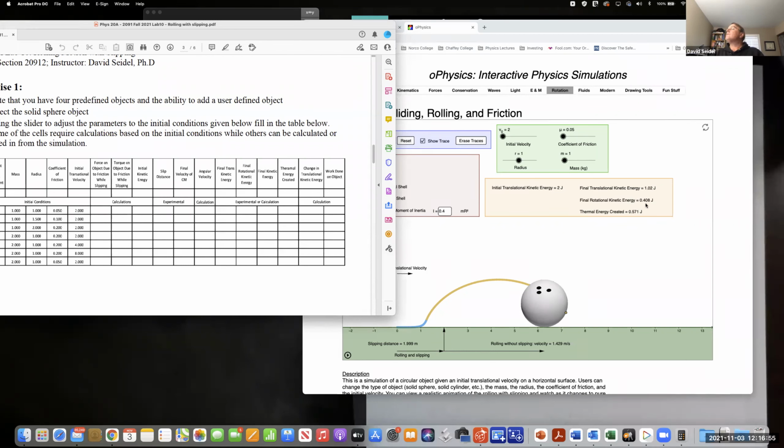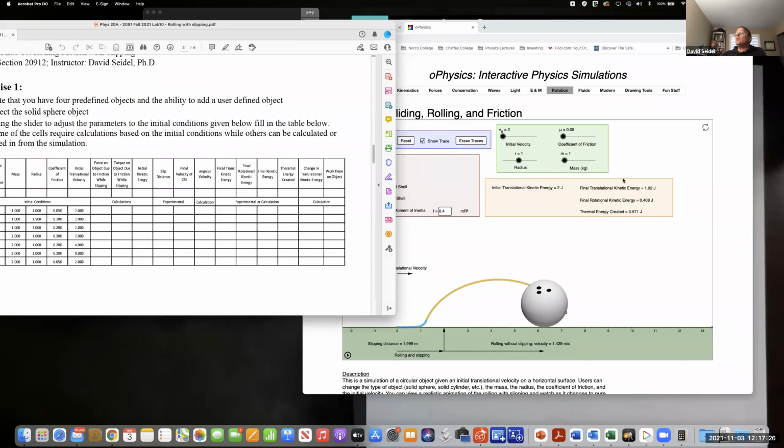And finally, how much energy is lost. Thermal energy created. So the work goes into the change in kinetic energy. Now we have 1.41, so roughly 0.59. It could be round off errors in these calculations.